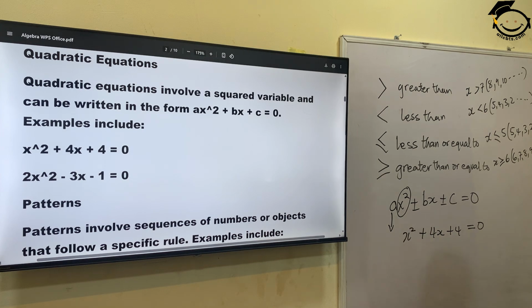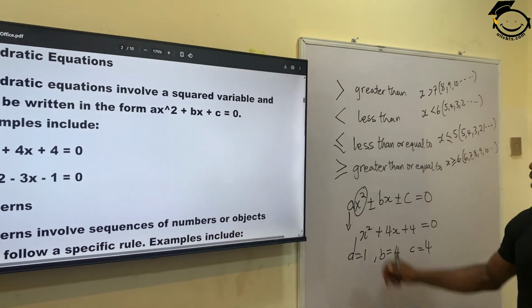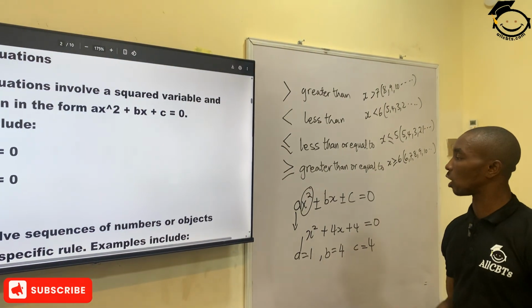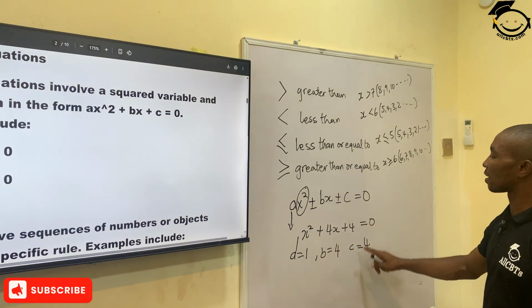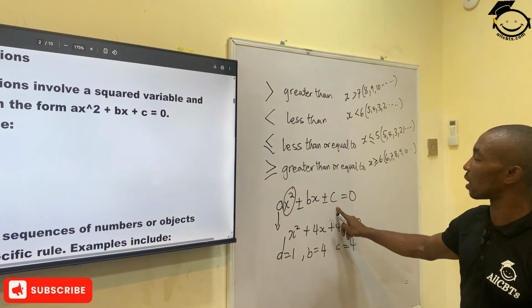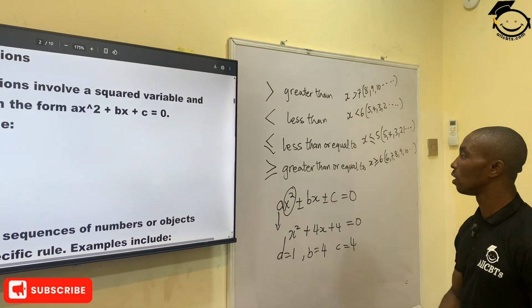In this situation, a is equal to 1, b is equal to 4, and c is equal to 4. a is the coefficient of x squared, b is the coefficient of x, and c is the constant in the given equation.